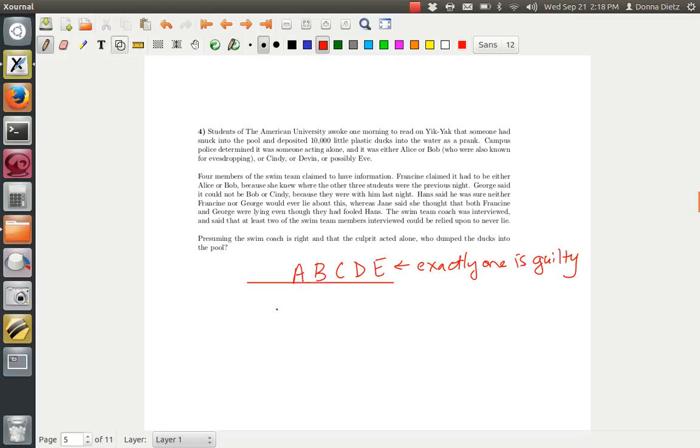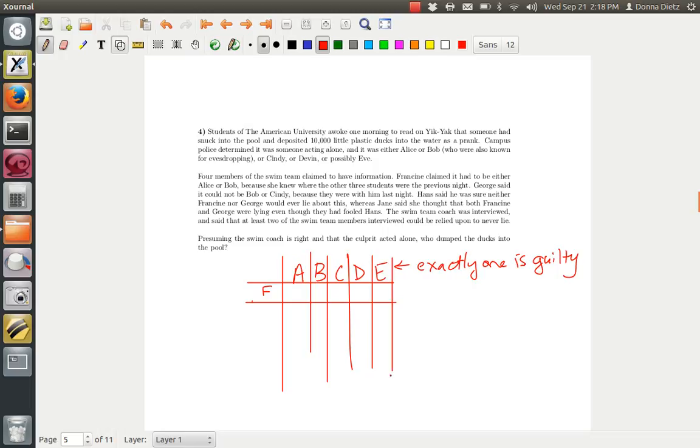You can do it a different way, but you're probably going to get stuck. There are other valid ways to solve this problem, but this works, and on your exam the analogous question will also work using this technique. So Francine says it had to be either Alice or Bob, but rather than making marks along Alice and Bob, which you might think to do, we're going to exonerate the other people.